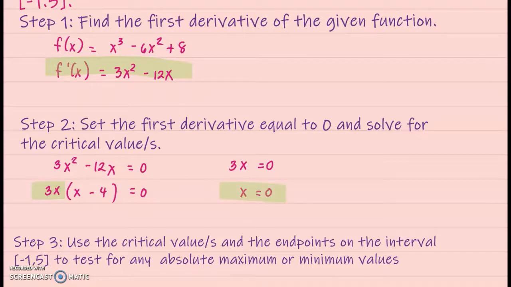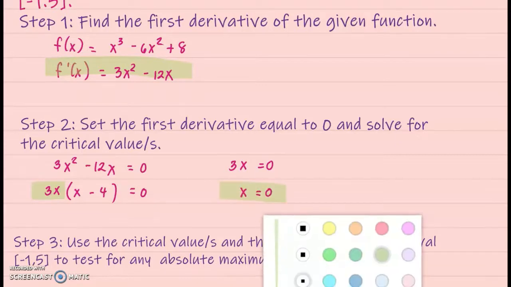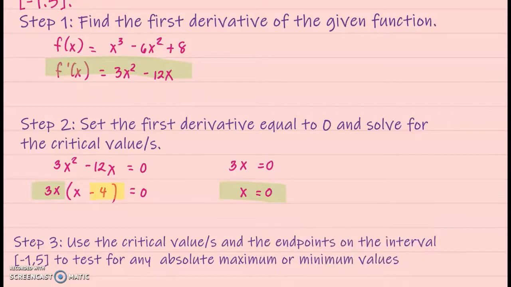And next, take our second factor. We have x minus 4. So you have here x minus 4 equals 0. So x is equal to 4.